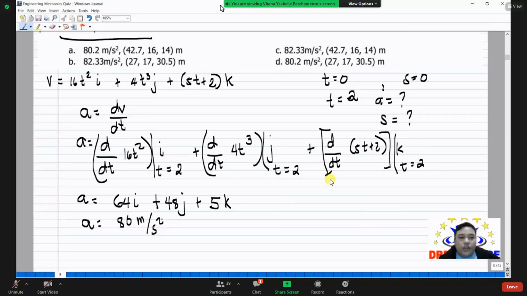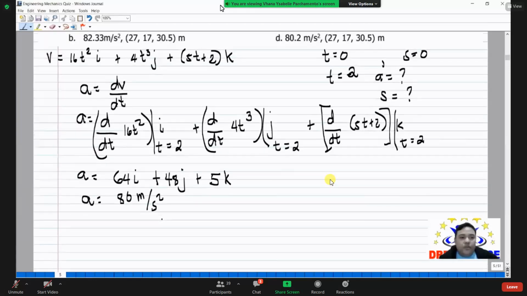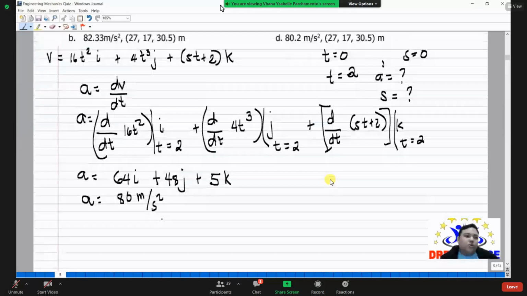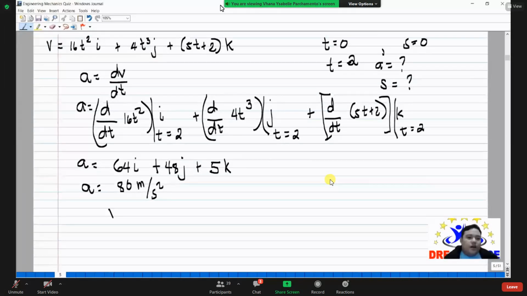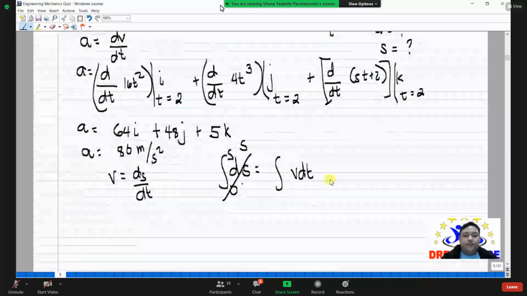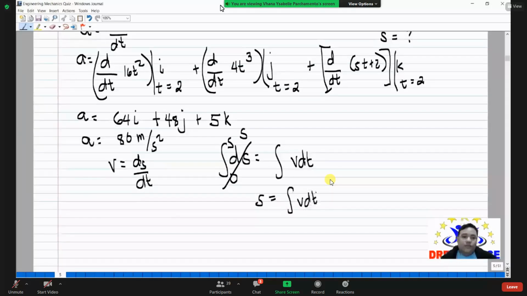Kukunin natin yung position vector ng ating function of v. So we define v is equal to ds over dt. Therefore, in terms of s, ds is equal to integral of v dt. Integrate lang natin si s, kasi ang initial position niya, 0 to s. So s is equal to integral of v dt, integrate lang natin isa-isa.